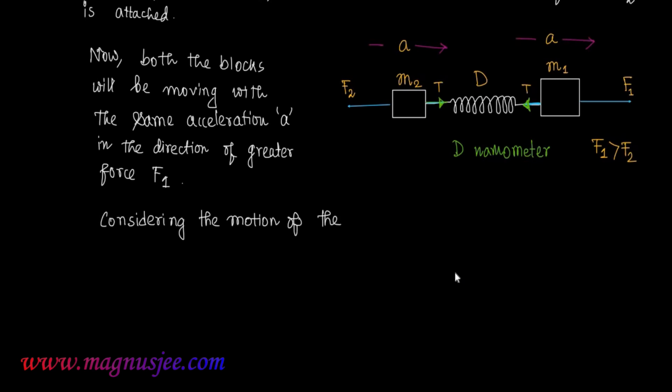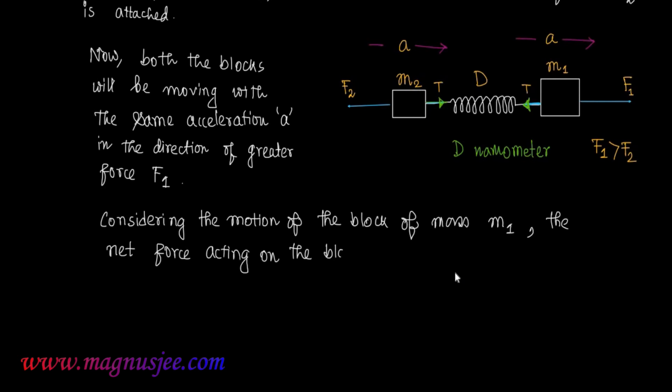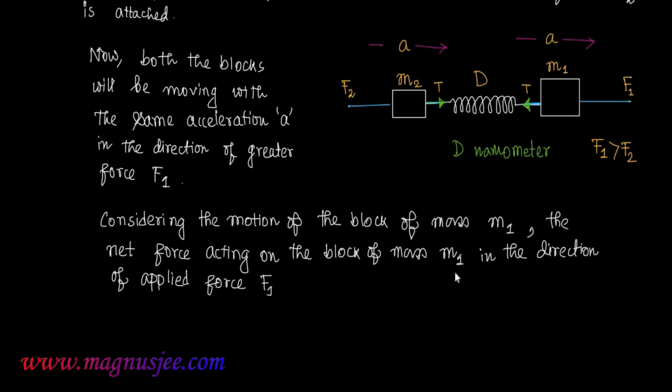Considering the motion of the block of mass M1, the net force acting on the block of mass M1 in the direction of the applied greater force F1 is given by M1 dot A, that is mass into acceleration, which will be equal to F1 minus T, which is equation 1.